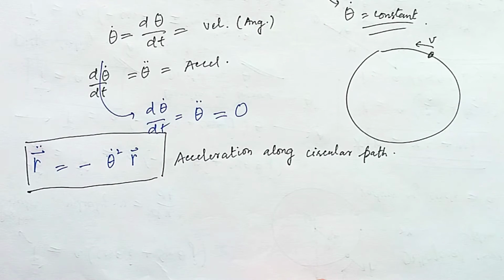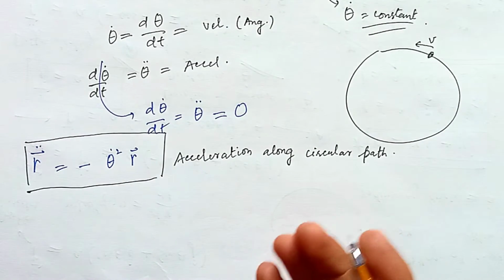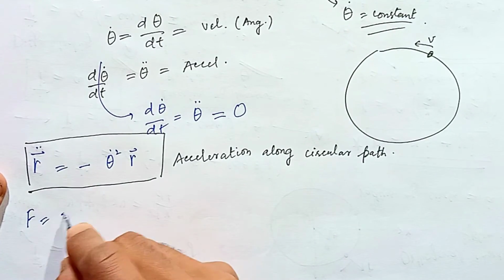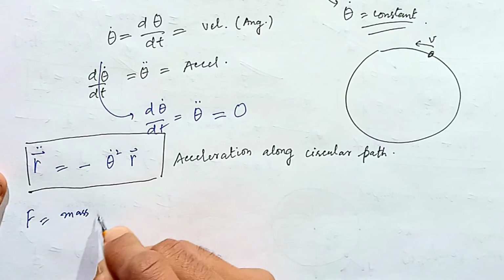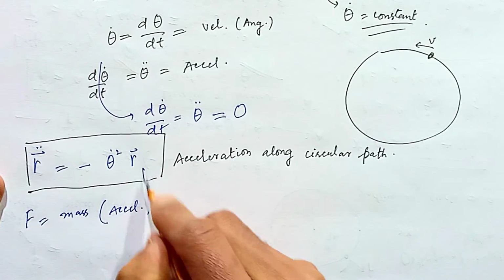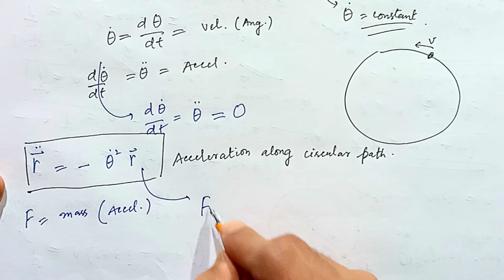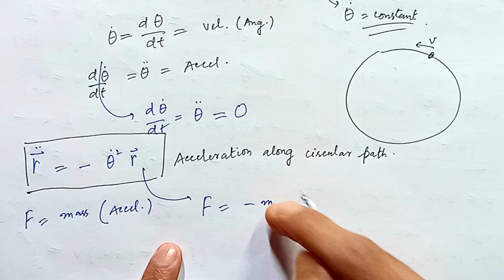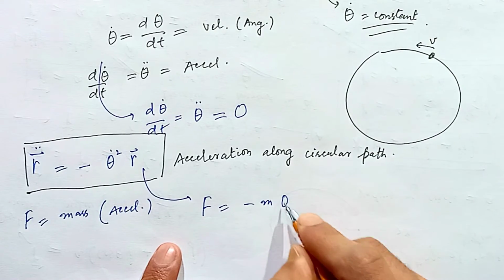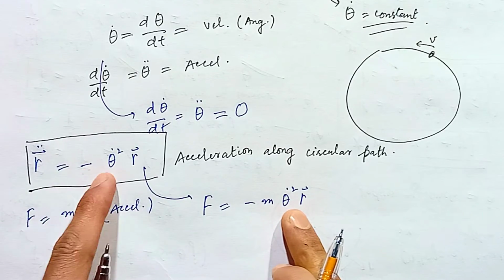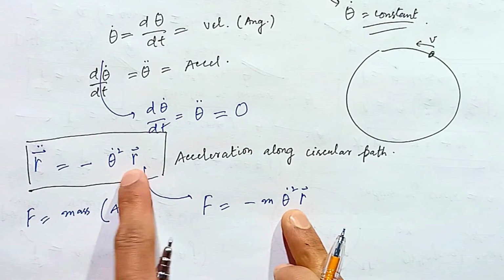This acceleration is caused by the force, and we know force is the mass times the acceleration. So in this case F will be equal to minus mass of the body times theta dot square r vector, because the acceleration here is minus this very thing.